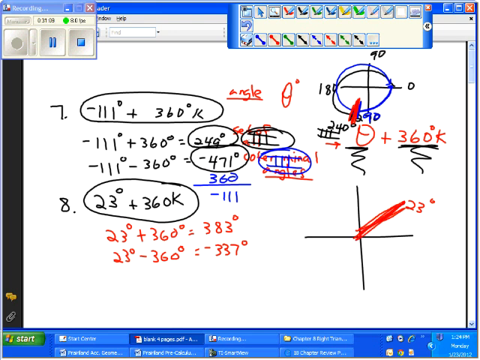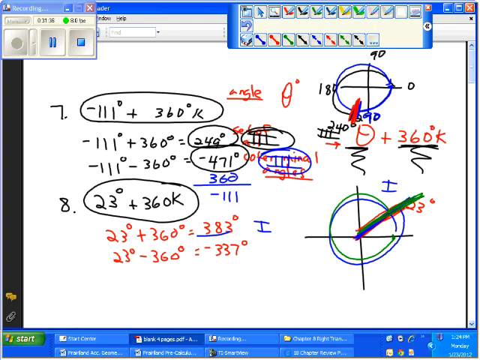And so if we went 383 degrees, there's 360, 83, same terminal side, still in quadrant 1. If we went negative 337 degrees, we would start here, but where are we going to end up?